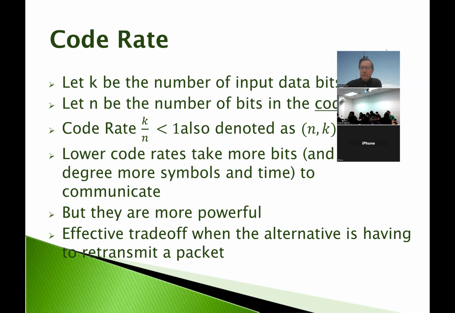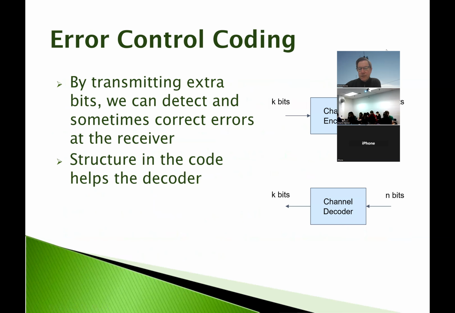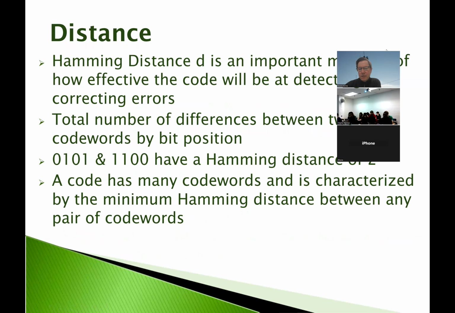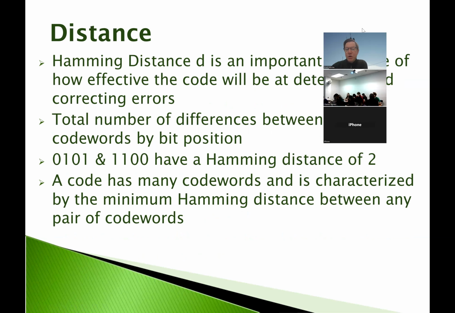Another question. How did you find the Hamming distance on this slide? It's between the bits, but I don't know how you did it. If you could just go over that. Okay, so count up the number of bit positions that differ between these 2 words. I just picked 2 as a random example: 0101 and 1100.